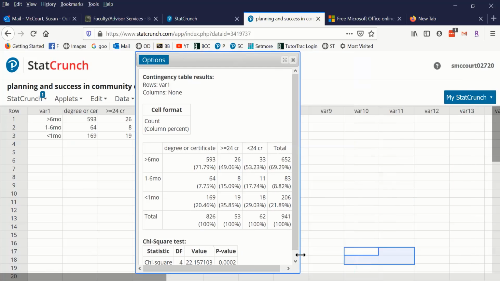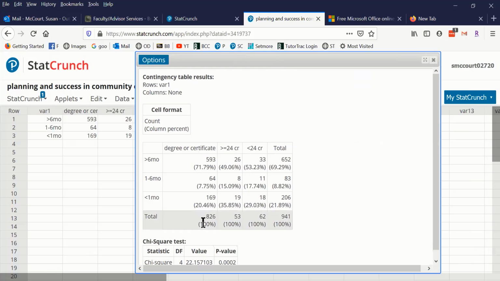And so for each column, you notice the bottom says 100% because it's done a percent for each one and then added them up. So it did 593 divided by 826, 64 divided by 826, 169 divided by 826.